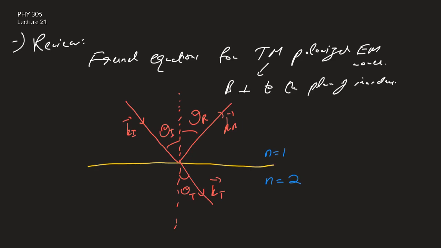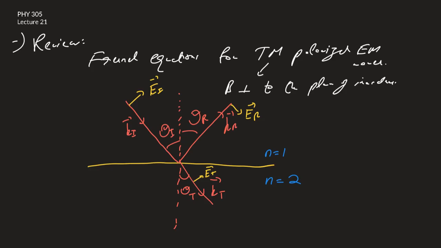This determines the direction of propagation, and it's equal to 2 pi by lambda, where lambda is the wavelength of the electromagnetic radiation. And we said that E is in the plane of incidence because it's TM polarization. So let's say E points somewhere like this. This is E incident. E reflected would then point somewhere like this, and E transmitted would point somewhere like this, right?